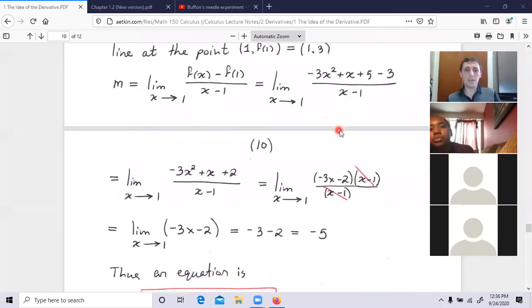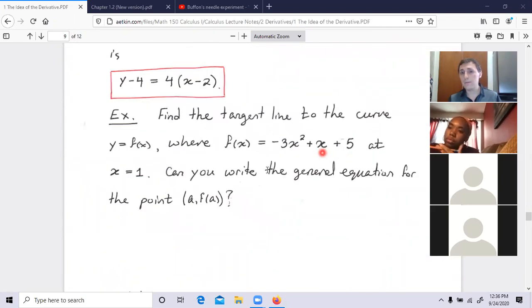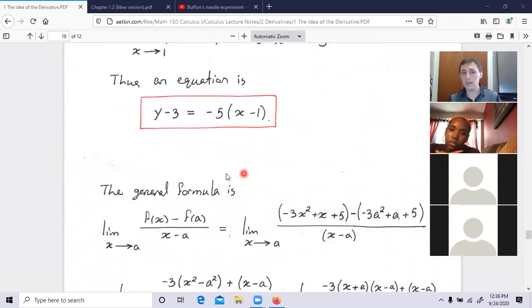This is minus 3x minus 2, the same result that I just showed you over there. You cross out x minus 1, and then you push x to 1. It's minus 3 times 1 minus 2, which is minus 5. So this is minus 5, and you get y minus this point, that point ends up being 3 here, equal to minus 5 times x minus 1.